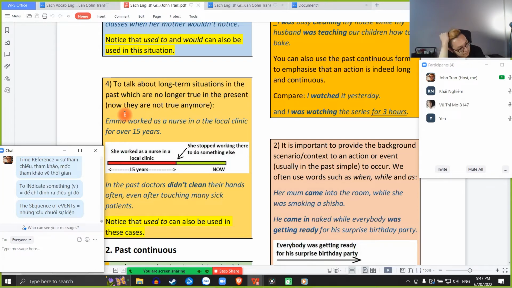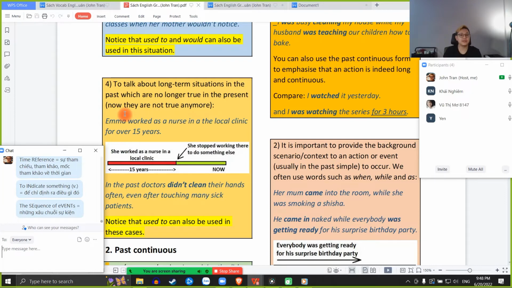In the past, doctors didn't clean their hands often, even after touching many sick patients.